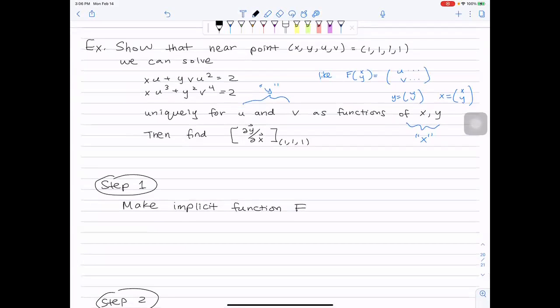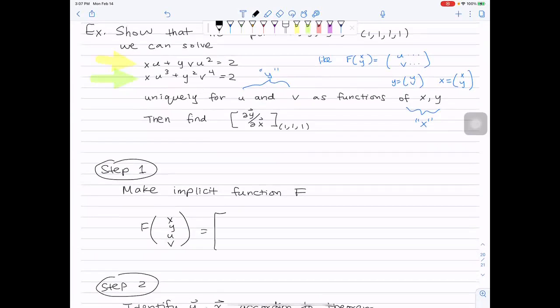So step 1: first, we want to make the implicit function theorem, meaning let's restate what we're given. We're given these two equations. The yellow one is our first output, and the green one is our second output. So we can rewrite our function as, let's write the first output minus 2, because I want to bring it over so that I have something equal to 0.